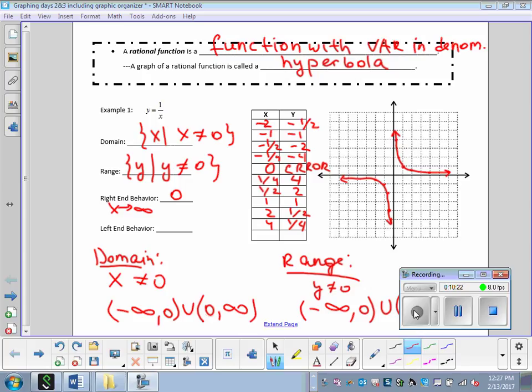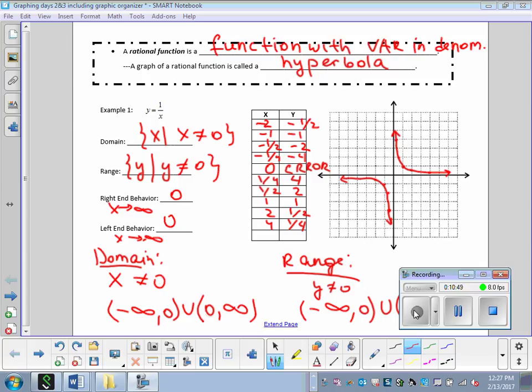Do you see that? And then on the left side, as x gets closer and closer to negative infinity, y gets closer and closer to 0 again, just from the other side. It's still negative, but it's closer and closer to 0. Okay, questions about this? No.